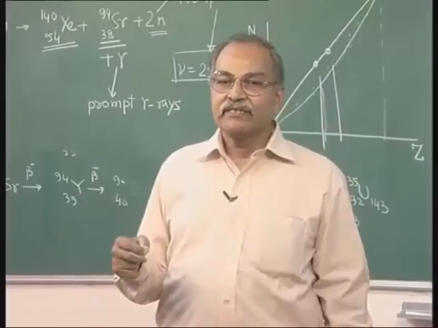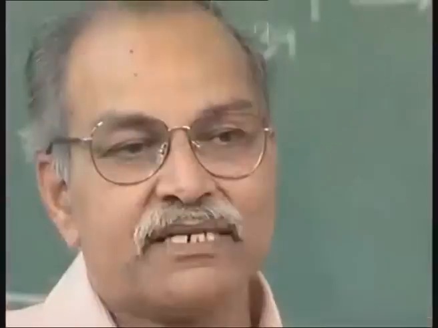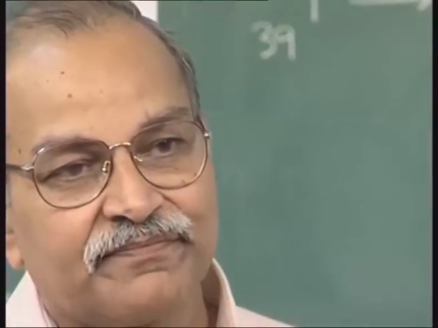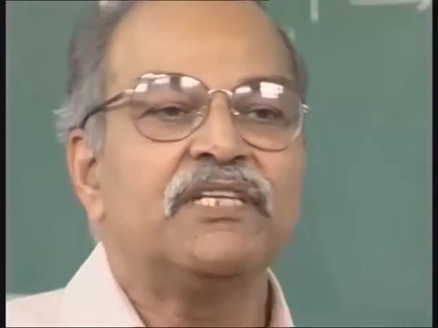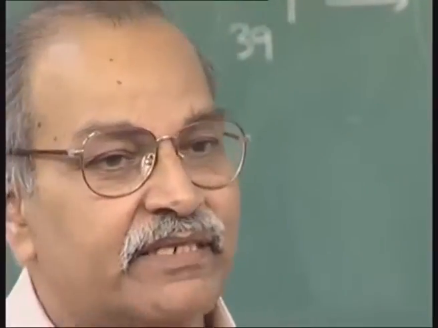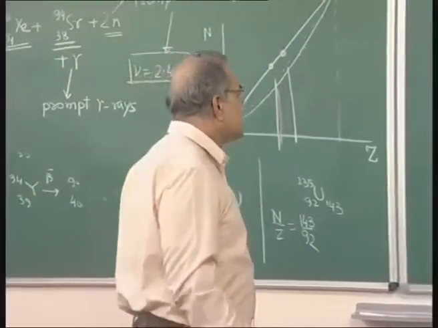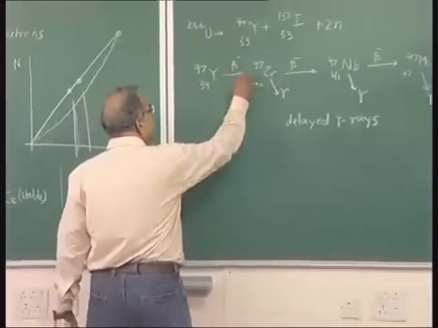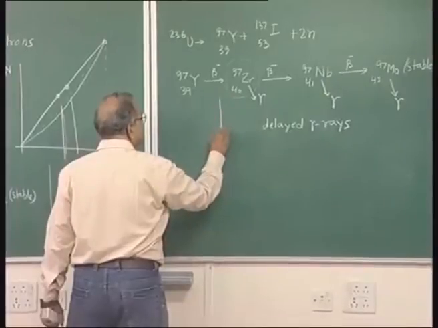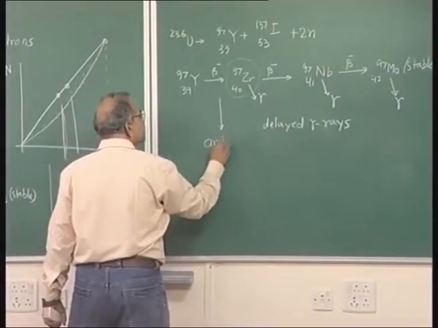The rest is distributed in the kinetic energy of the prompt neutrons, the kinetic energy of the beta particles, the energy of prompt gamma rays, delayed gamma rays, delayed neutrons, and one more thing, antineutrinos. In these beta reactions you also have antineutrinos.